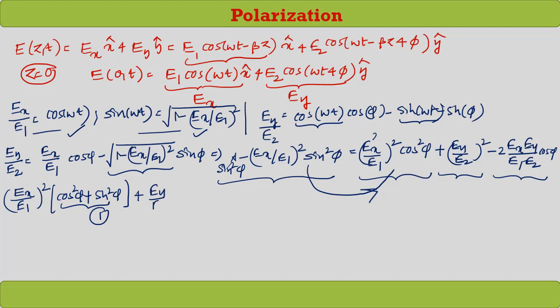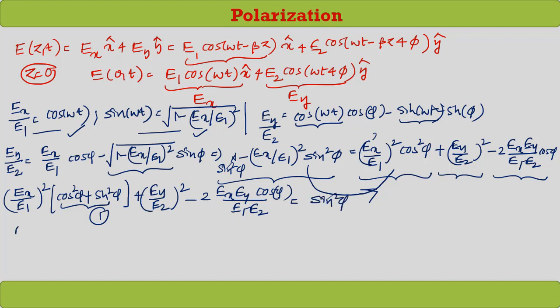Ey by E2 square minus 2 times of Ex Ey cos phi by E1 E2 is equal to sin square phi.